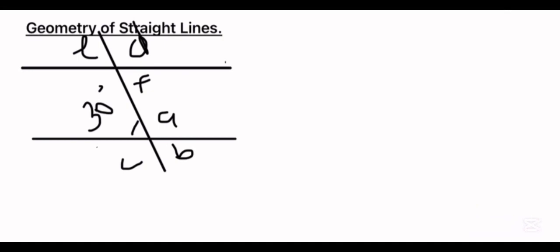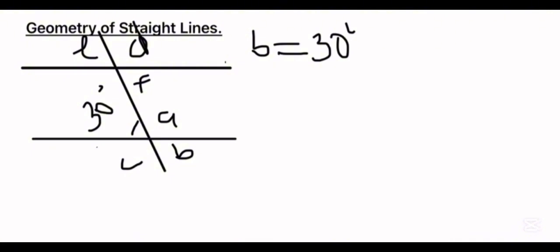You could pause to try solving on your own. So let's get started. The first thing I would say is B is equal to 30 degrees because vertically opposite angles are equal.